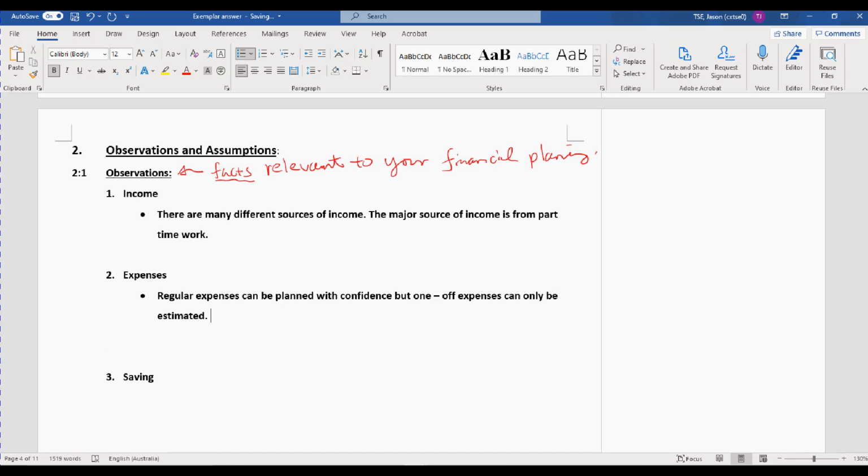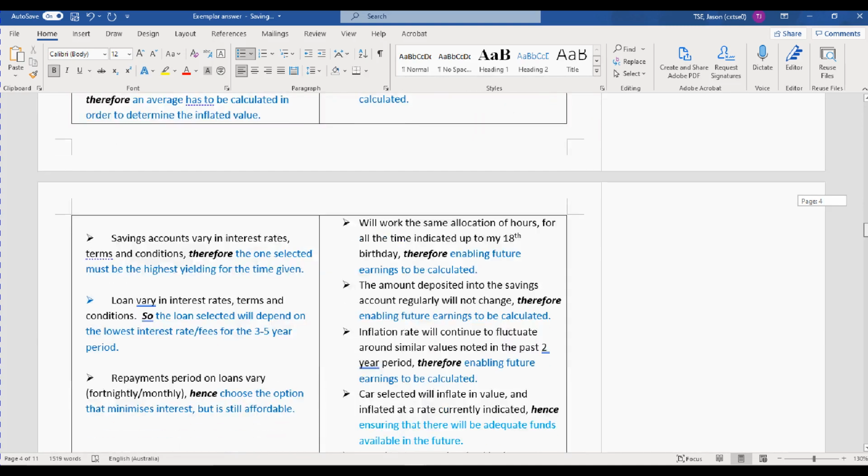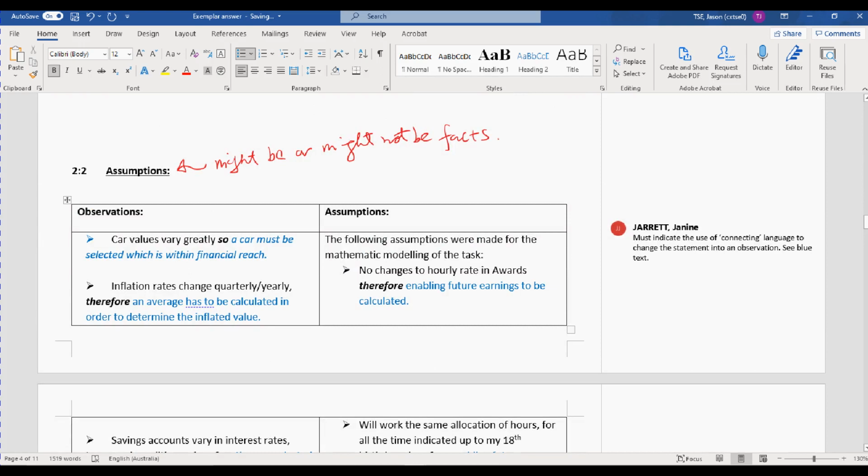That's the nature of the expenses. So you see, observations are normally about the nature of those items. That's what you observe. Is there any observation for the saving? Let's see. Any observation related to saving here?